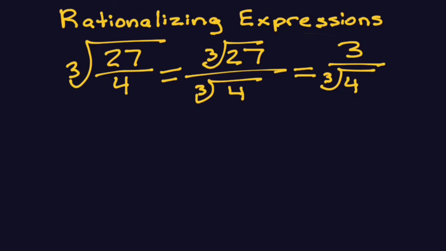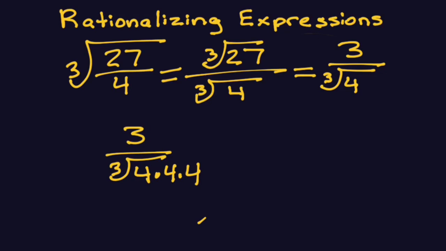So like we did with the last 2 problems, we're going to need to add those 2 more 4s to turn that cube root of 4 into a 4 by itself to rationalize this expression. So let's multiply the 3 over the cube root of 4 by the cube root of 4 times 4.